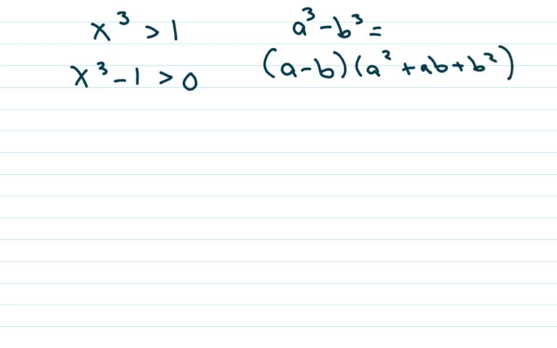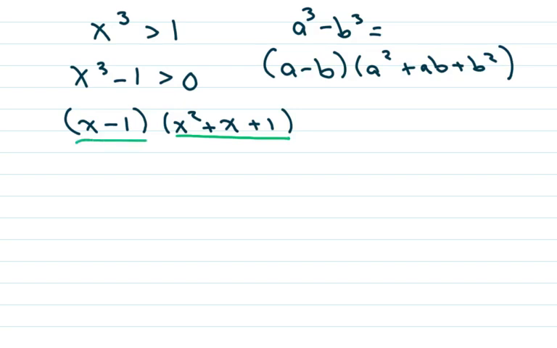So I'm going to factor that, and I get x minus 1 times x squared plus x plus 1. Now this has no real solutions on that one. So the only solution I have, and we're going to set this to 0, well, greater than 0. So we want positive values. So x equals 1 is my only real solution, or my real 0.